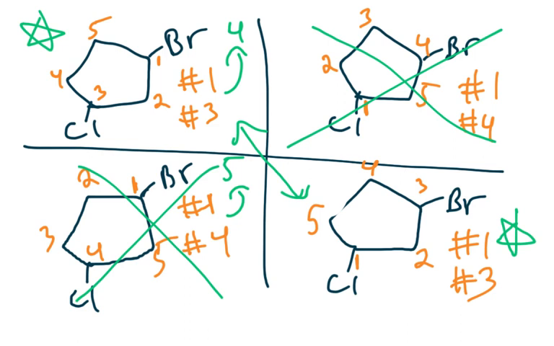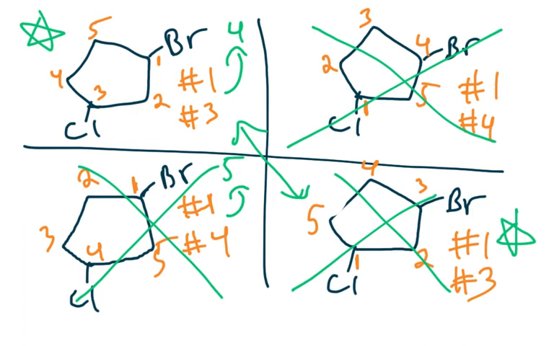What I mean by that is, in the top left, we have the least carbon number, which is 1, the first carbon, on bromine, and here we have the least carbon number 1 on chlorine. Who comes alphabetically first? Bromine. So we choose the top left numbering. That means this loses also.